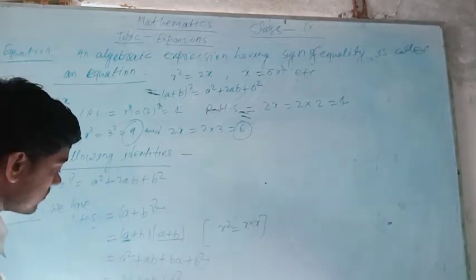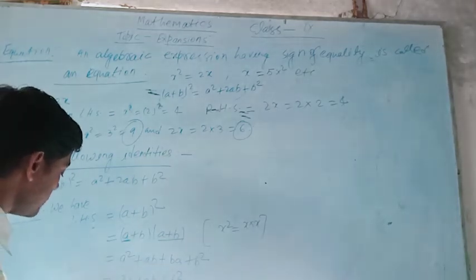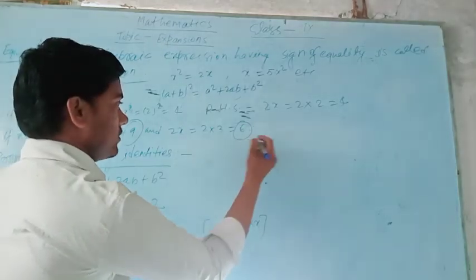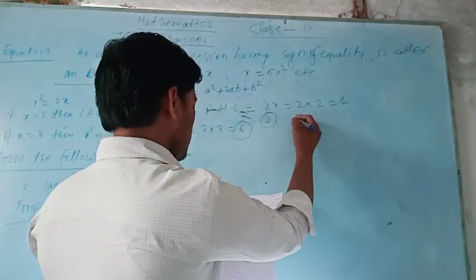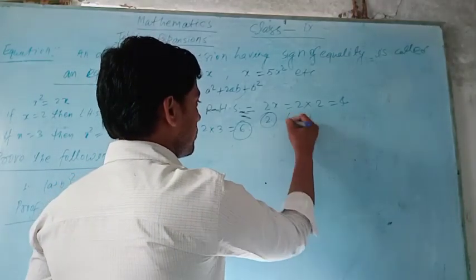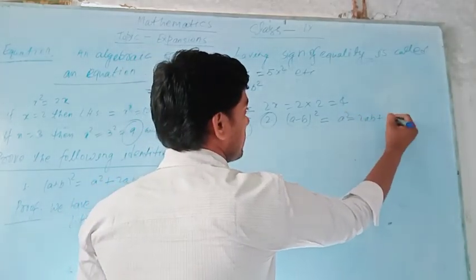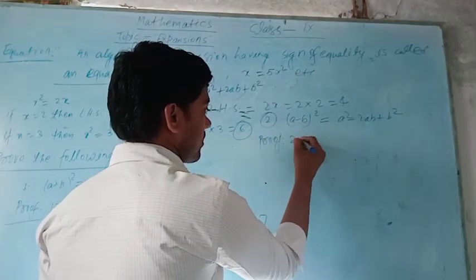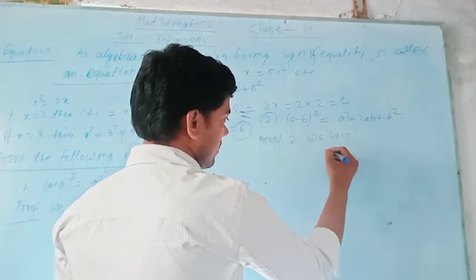Second identity is, you have to prove (a minus b) whole square is equal to a square minus 2ab plus b square. Proof. We have LHS is equal to (a minus b) whole square. It can be written as (a minus b) into (a minus b).